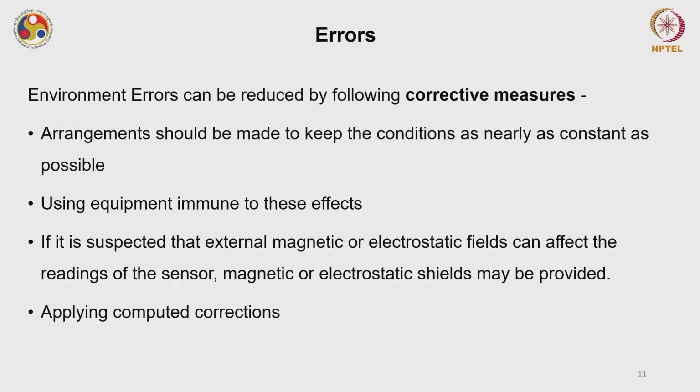Then people try to correct the data or take care of environmental conditions by computational techniques. There are also various compensation circuits through which you can minimize the effect of baseline drift or change in the sensor's output properties at different temperature, pressure and humidity conditions.